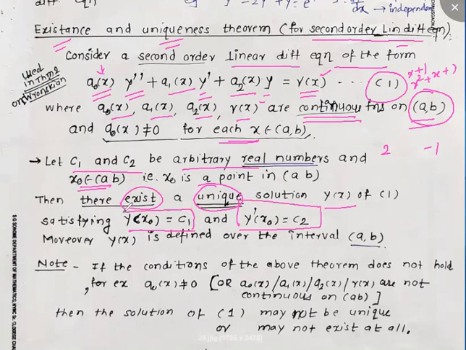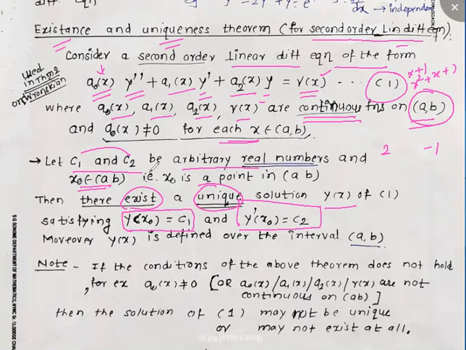So this solution satisfies the condition that its value at x0 is c1 and the value of its derivative at x0 is c2, where c1 and c2 are any two constants. These are the arbitrary constants we have selected.